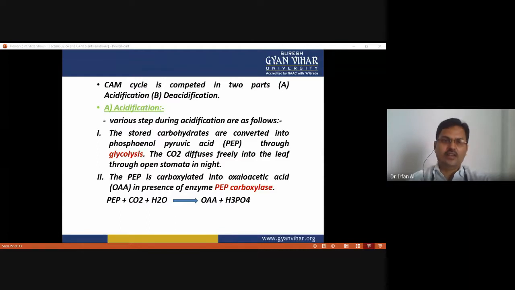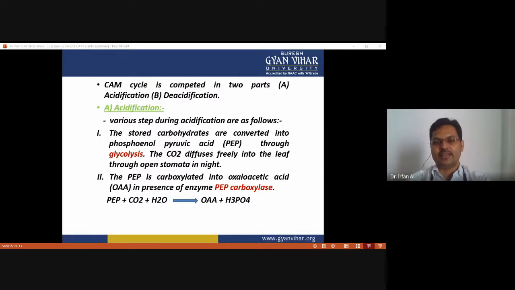So what is acidification? These are the various steps that occur during the fixation of carbon dioxide during nighttime, which is called acidification, and the stored carbohydrate is converted into phosphoenol pyruvate through glycolysis. The carbon dioxide diffuses freely into the leaves through open stomata during the night, and this phosphoenol pyruvate, produced by the glycolysis of glucose, is carboxylated into oxaloacetic acid in the presence of the enzyme PEP carboxylase.